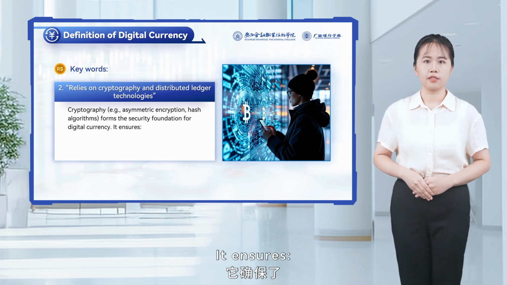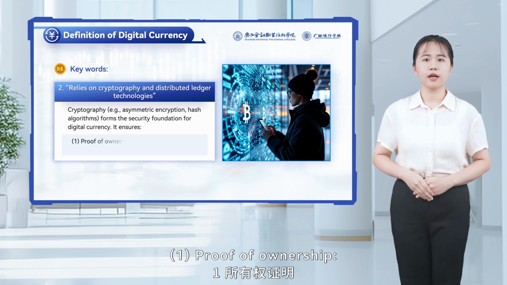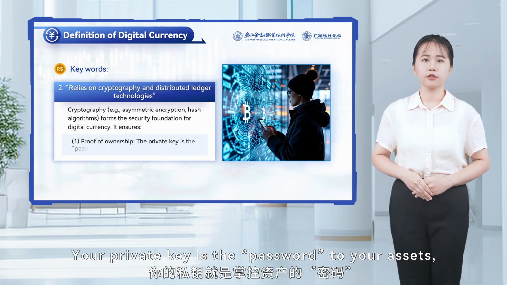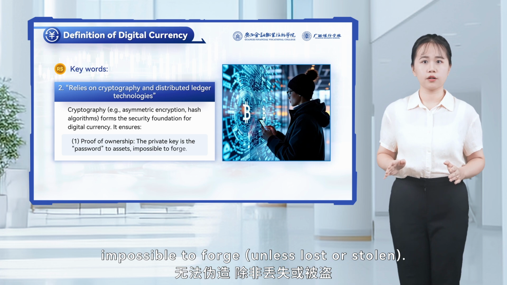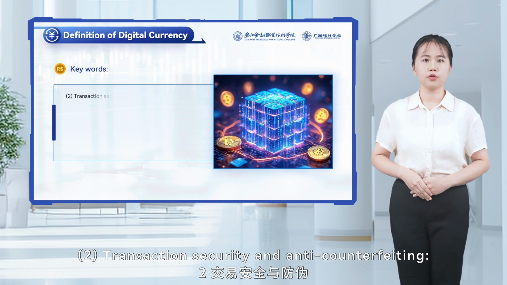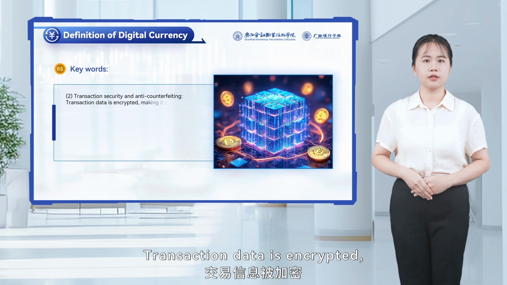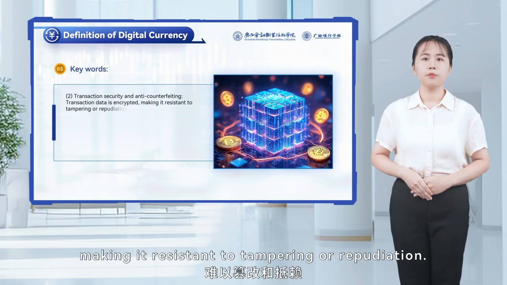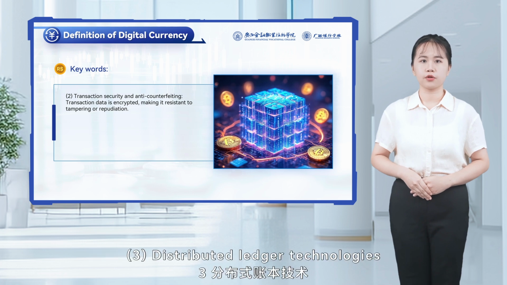It ensures: 1. Proof of ownership. Your private key is the password to your assets, impossible to forge unless lost or stolen. 2. Transaction security and anti-counterfeiting. Transaction data is encrypted, making it resistant to tampering or repudiation. 3.